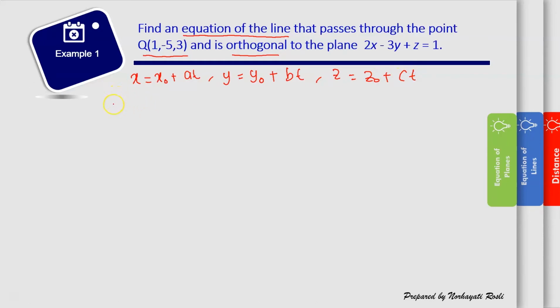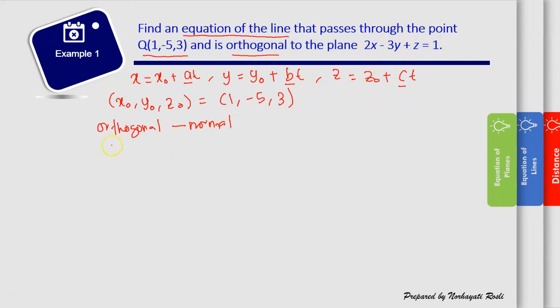In this case, we know that we have a point x0, y0, z0 equal to 1, negative 5, 3. And then now we need to find our a, b, and c. As mentioned previously, orthogonal is equal to normal vector. It is normal to the plane. So from here we can get this a, b and c from this equation.